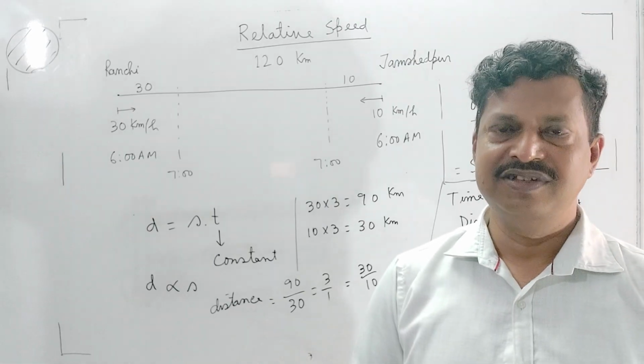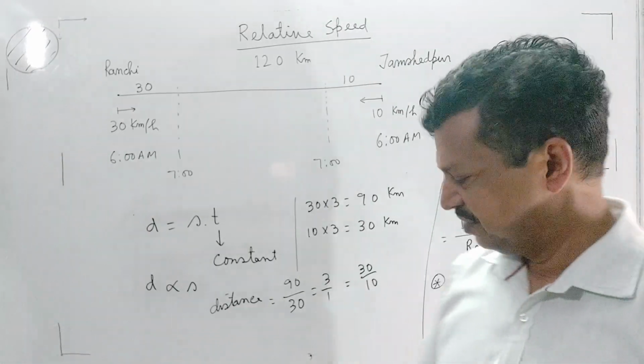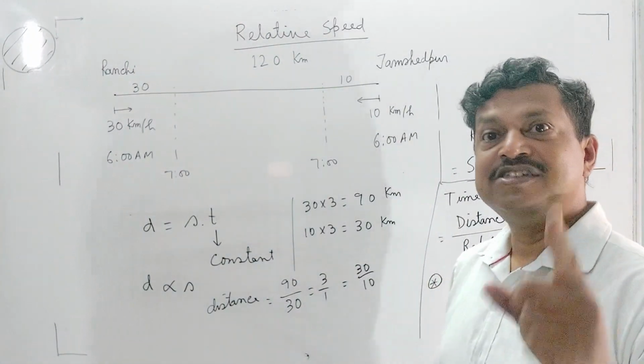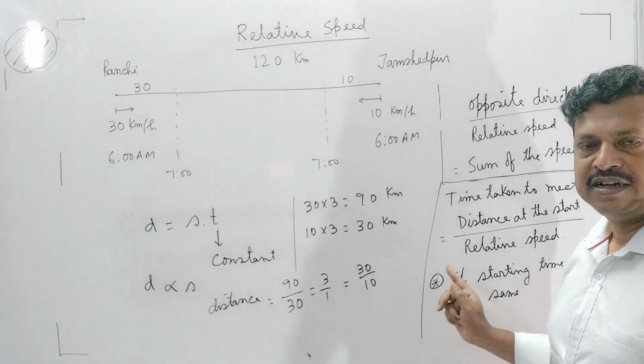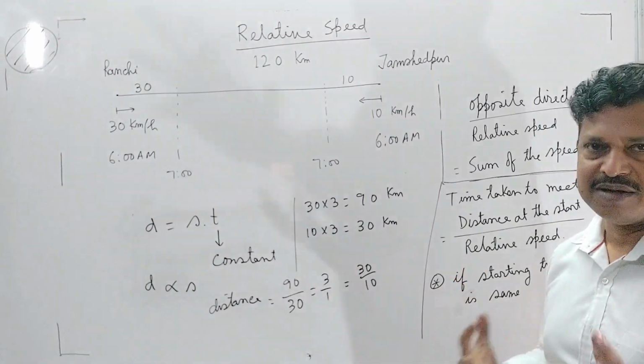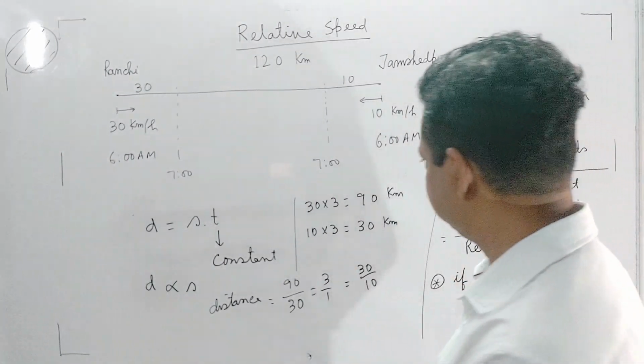So how do we solve the question? It's quite simple. Let's have a look. Please remember, if starting time is not same, you cannot use this formula directly. So I have to do something else.